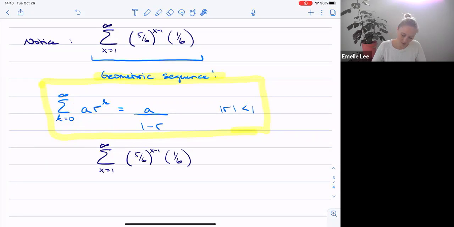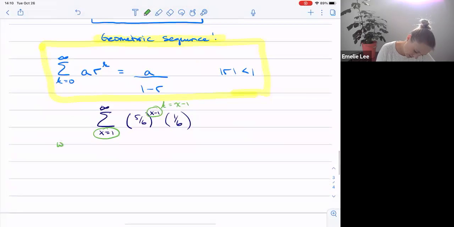For example, if k is x minus 1, then when x is 1, k is 0. That's really useful. So here we see that k is x minus 1.